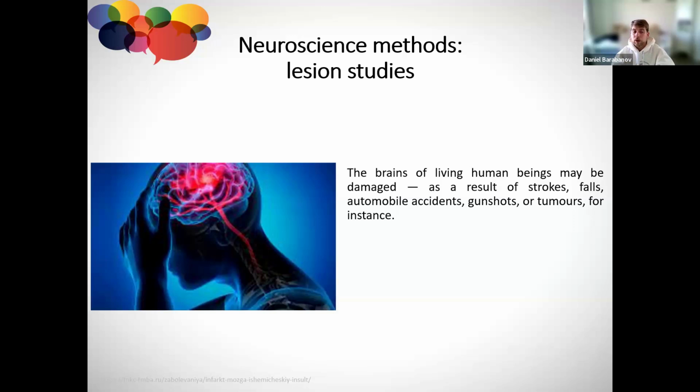And we can know which area of the brain is damaged and invite a person to participate in research and take a look at what the possible consequences of this damage are for this person, to connect different brain structures and brain areas with certain mental functions.